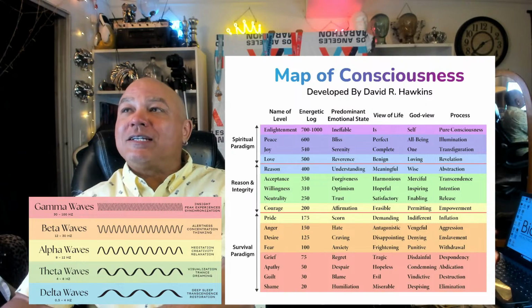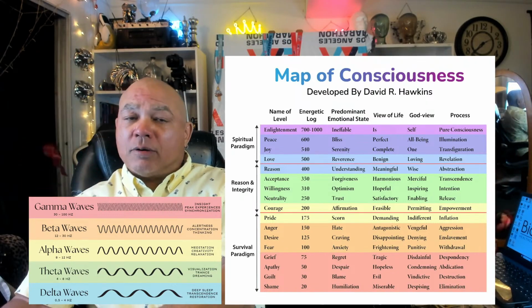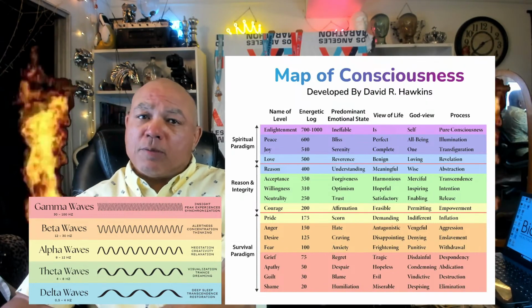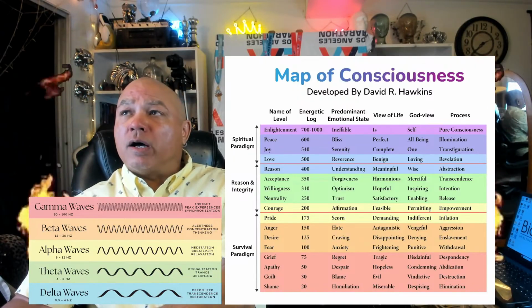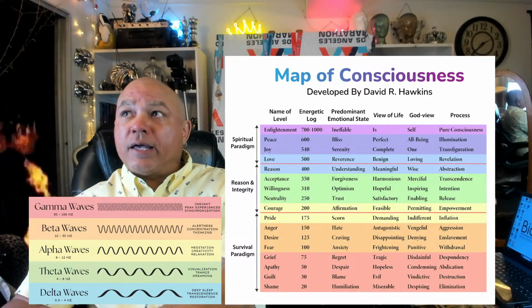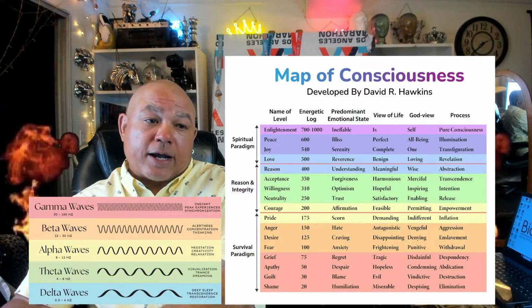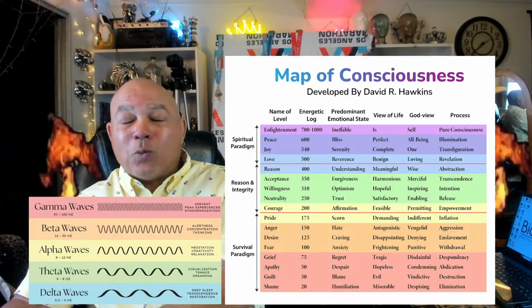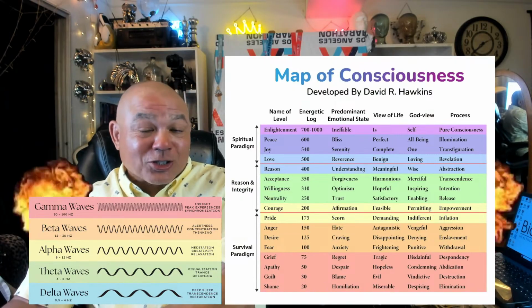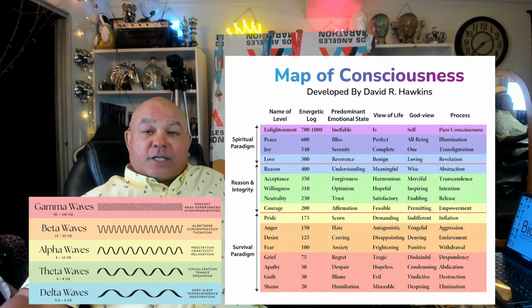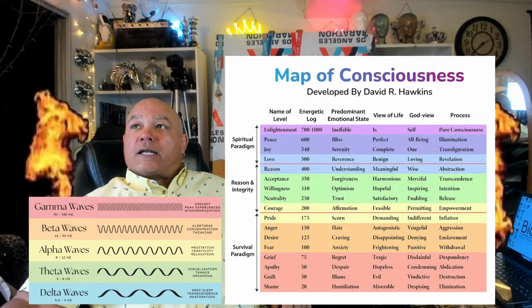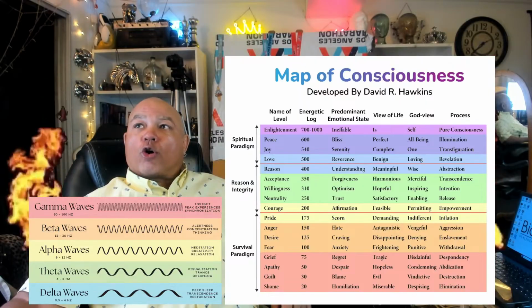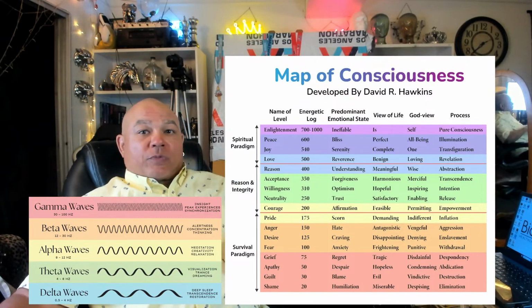Then we get above that to desire. When we're talking about sexual desire, we're also talking about addiction. And where is sexual desire attached to addiction? Well, through sex addiction, obviously, right? And we have a world right now that is inundated with porn.